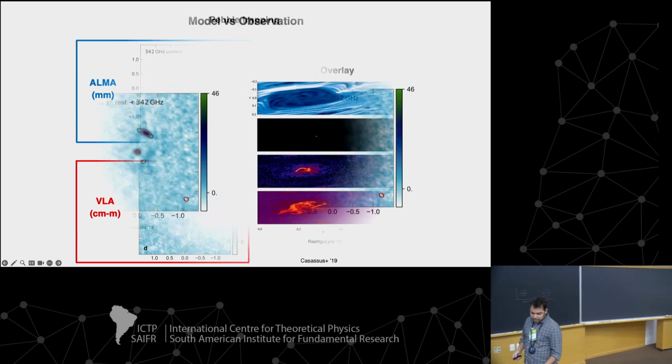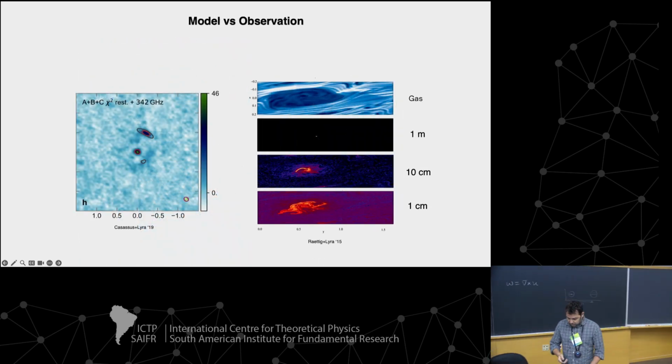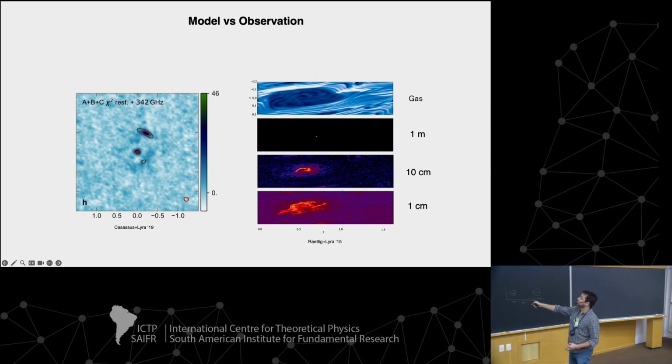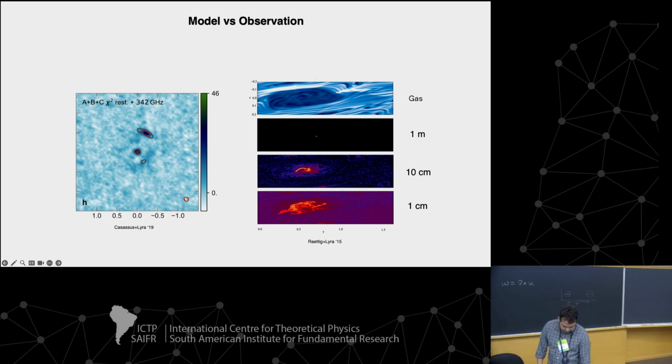This is exactly what you expect from the models, right? The larger grains, the ALMA grains here are more extended, and the smaller grains are more concentrated, and the large grains here, the ones that are seen with VLA, they're less concentrated. So it seems to match.